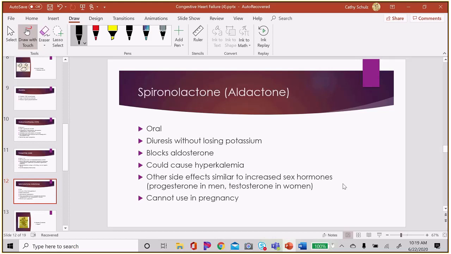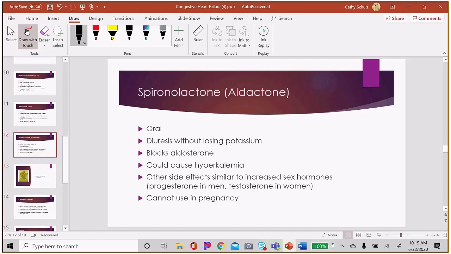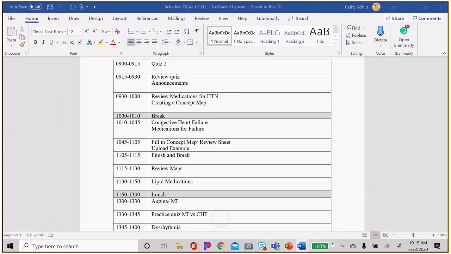For women, if there's an increase in testosterone, there might be a change in the voice or facial hair or things like that. So it'll change secondary sex characteristics in women, and it can't be used in pregnancy. So those are the main medications that we use in terms of diuretics.